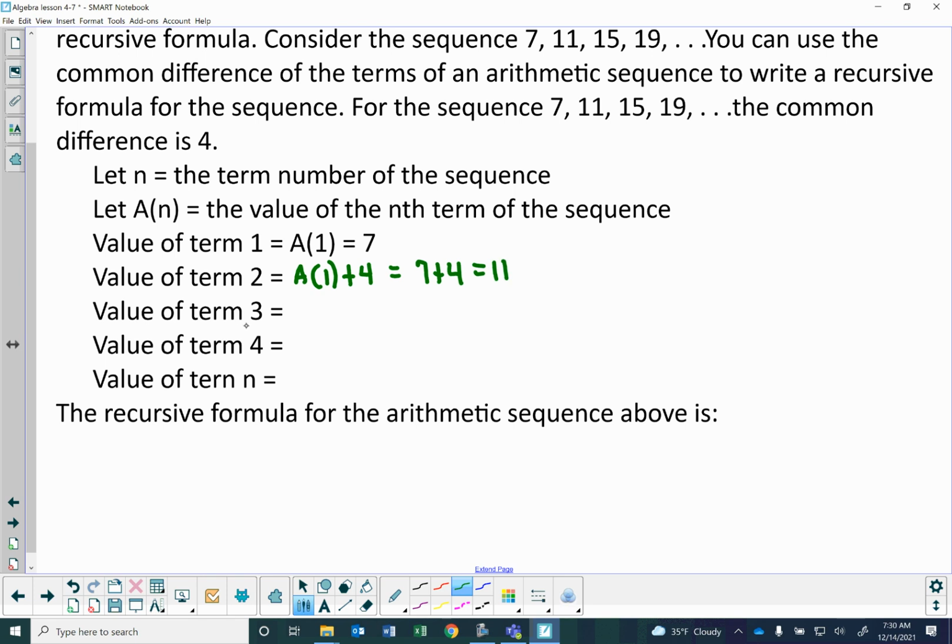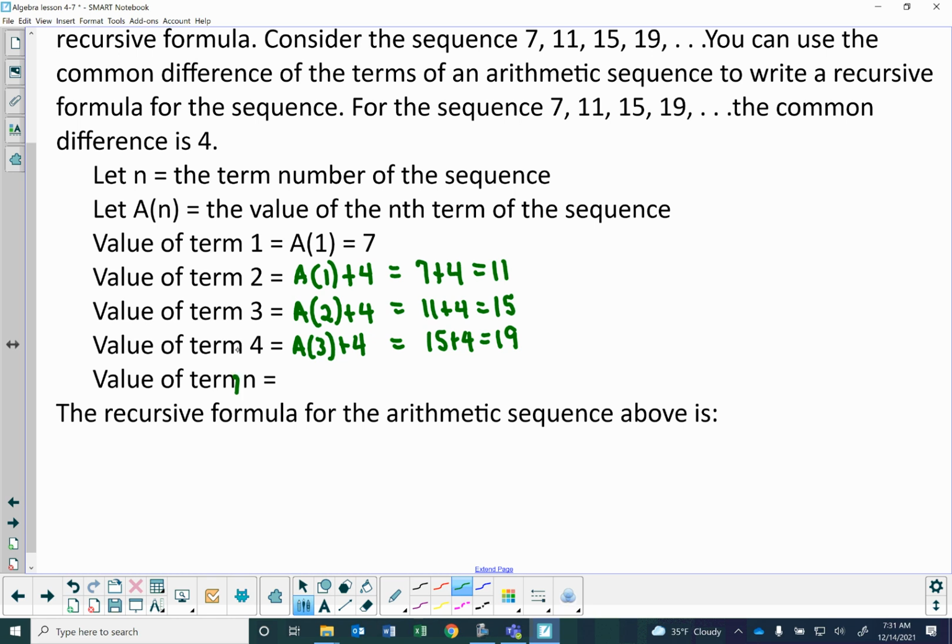The value of term 3 is going to be the value of term 2 plus 4, which would have been 11 plus 4, which is 15. The value of term 4 is the value of term 3 plus 4, which is 15 plus 4, which is 19.